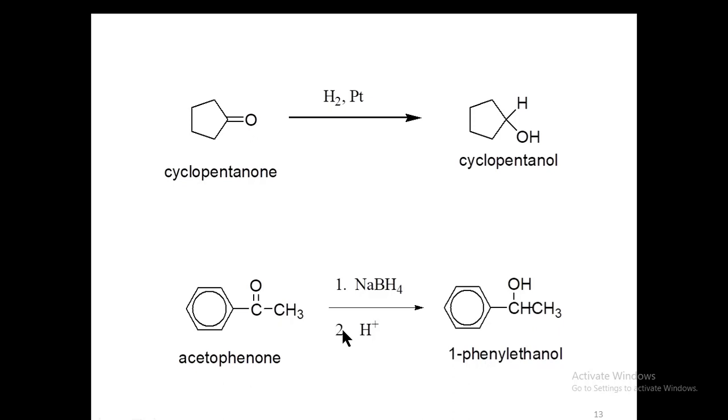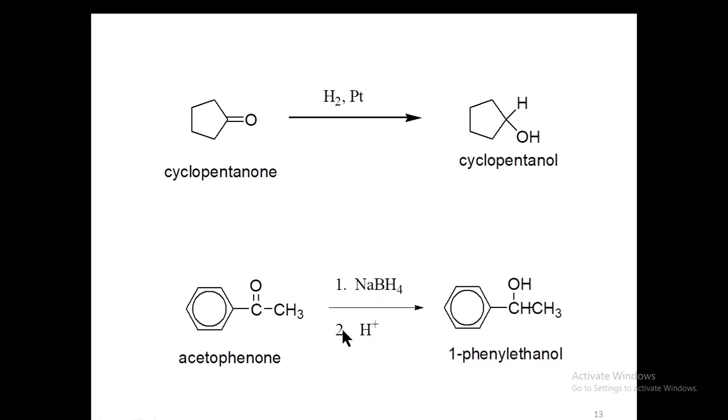first of all, focus on the nature of the reactant: the electrophilic and nucleophilic sites, the electron rich and electron poor sites of the reactant. Then look at the condition which is required.